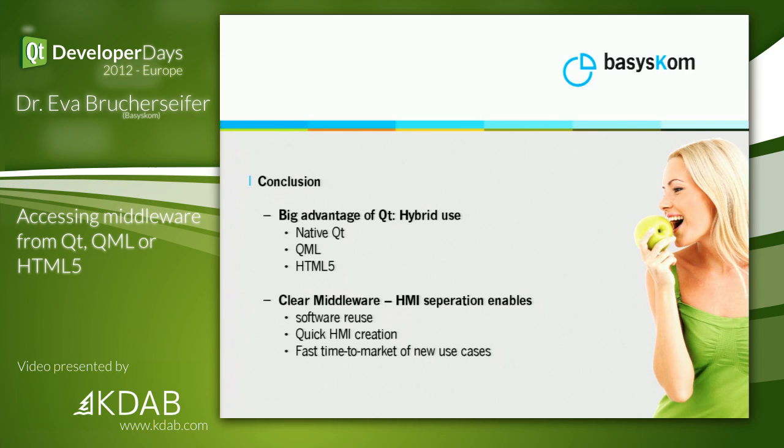You have QML for the designed user interface to quickly create it. But you could also embed just HTML5 apps being downloaded from somewhere, being updated. You have it all in your system.